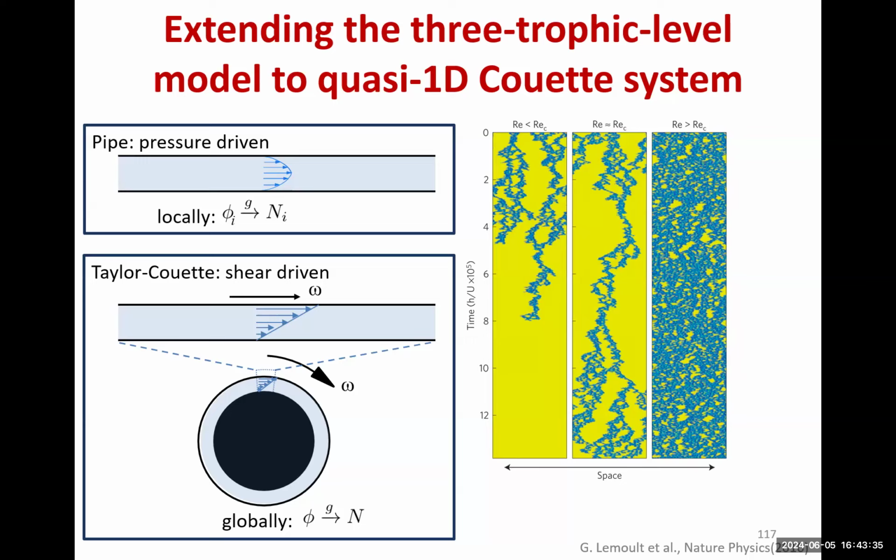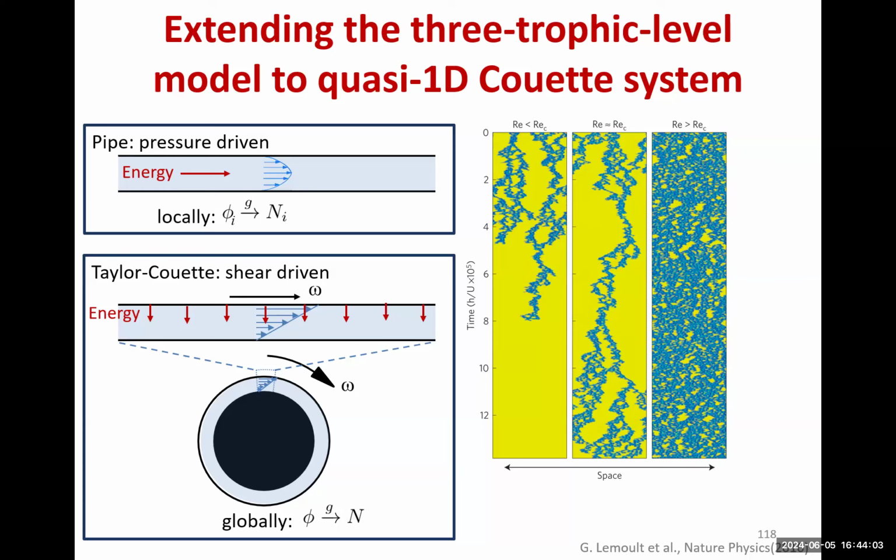It turns out that you can make a model that describes both the pipe and the Couette flow. What's different about them is that in one the flow is shear driven, so I've got a shear between the inner and the outer layer. This one is driven by pressure. So if I think about it in terms of where the energy is flowing, it flows in from the left in this one, and flows through the walls in this one.